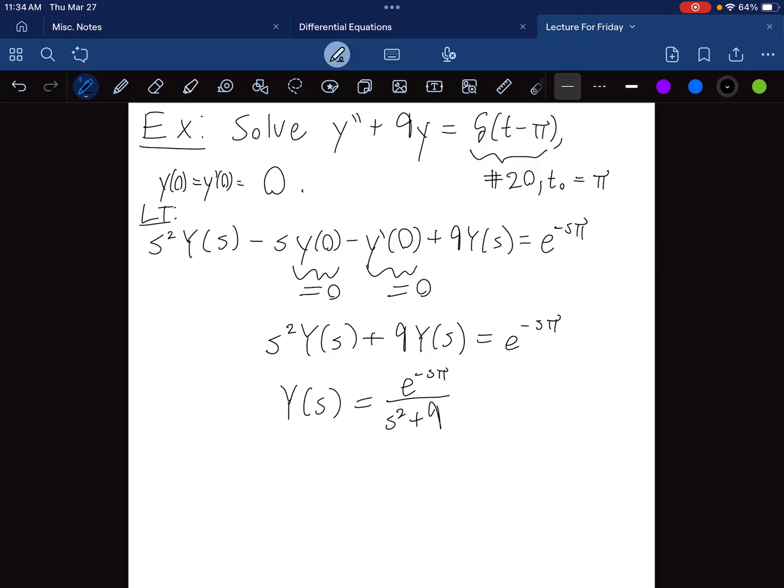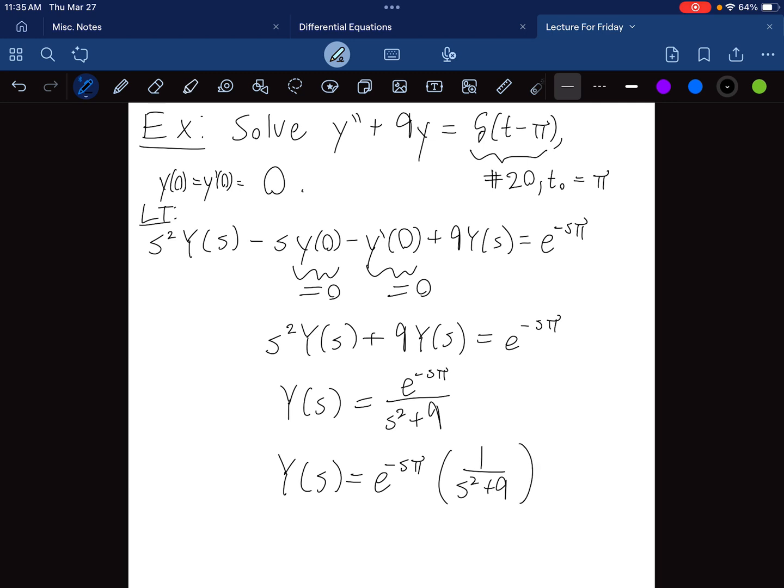And so we want to factor out this e to the negative s pi to have 1 over s squared plus 9.